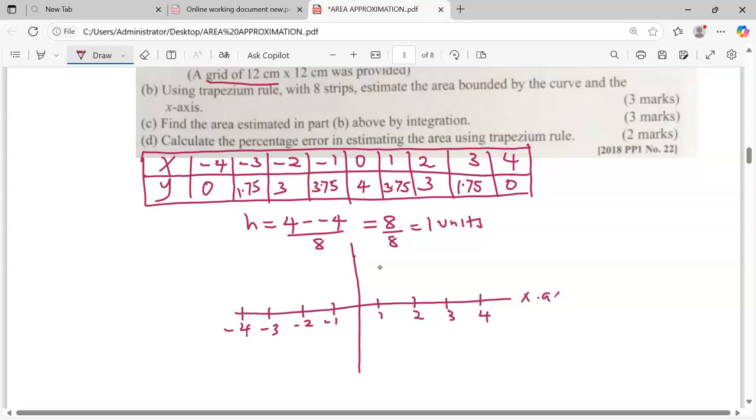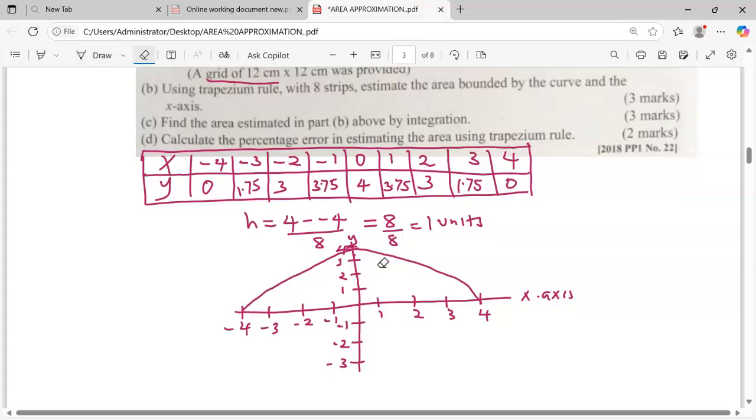On the y-axis, the highest value is 4, so we can use a range of 1, 2, 3, and finally 4. Then downwards we have -1, -2, -3, and finally you can also include -4. When you draw this particular graph, it will simply be a curve moving like this. So that is what you are expected to have.